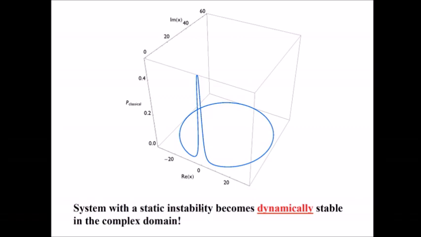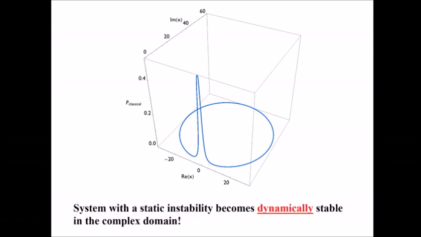Okay, so a system with static instability becomes dynamically stable in the complex domain. And this is something that nobody ever noticed before, that if you go into the complex plane, you can have dynamic stability, not static stability, but dynamic stability.